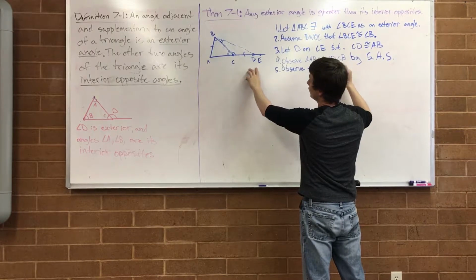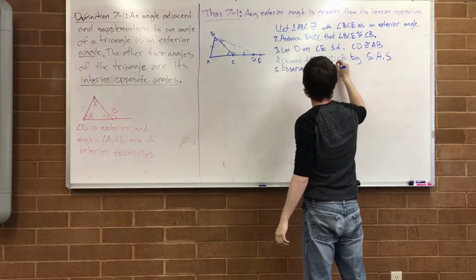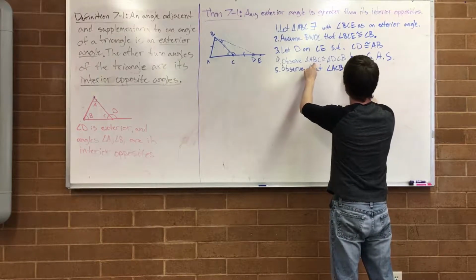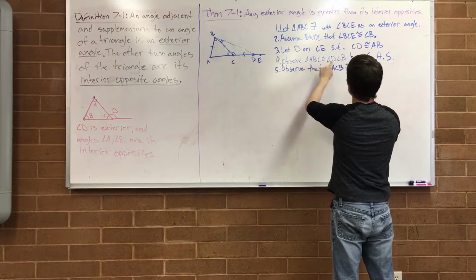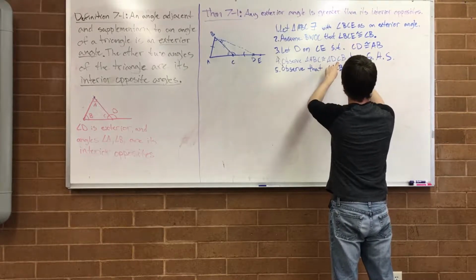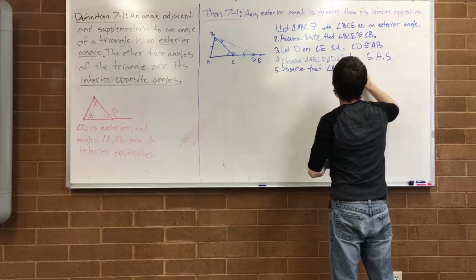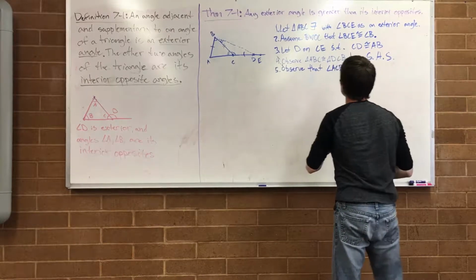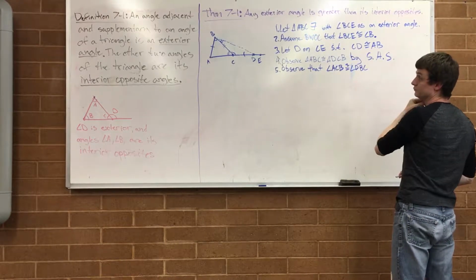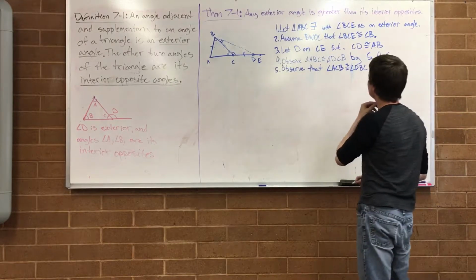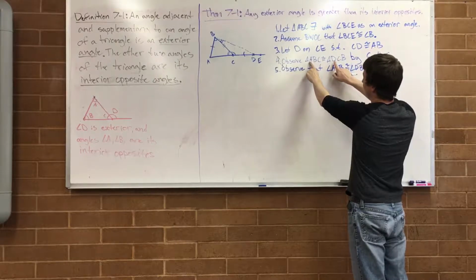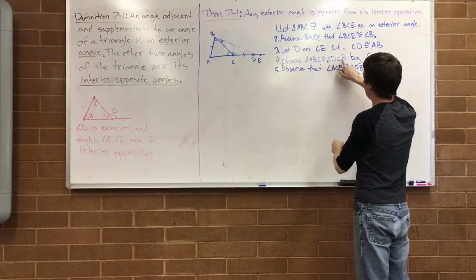Which ones were we showing were congruent? ACB, so we said ACB should be congruent to DBC. Angle DBC. Right? Yeah, that's what this congruence tells us. Just make sure I pick them in the order. If I say ACB, I need to say DBC.